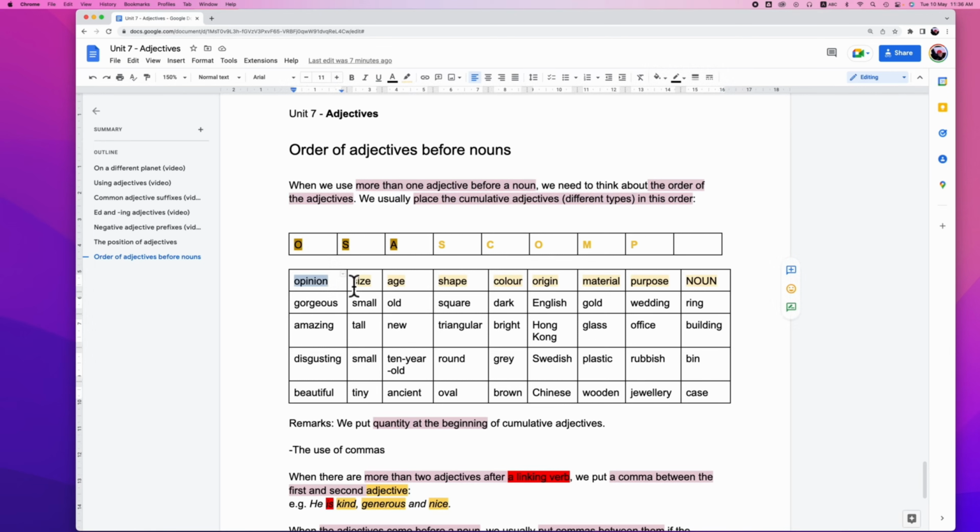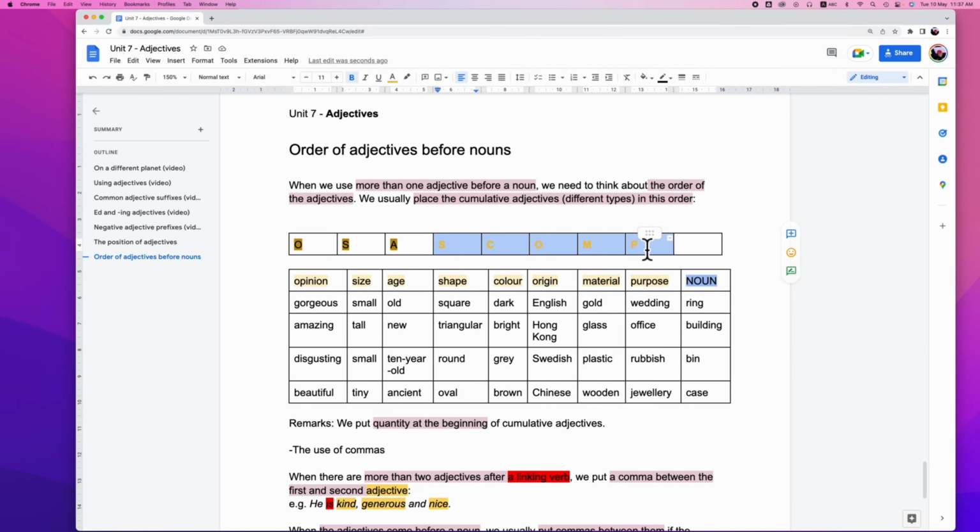First, we put opinion, then size, age, shape, color, origin, material, purpose, before a noun. So, in order to make it easier to remember, we could break it down into two parts, and we could say OSASCOMP. Okay, OSASCOMP.